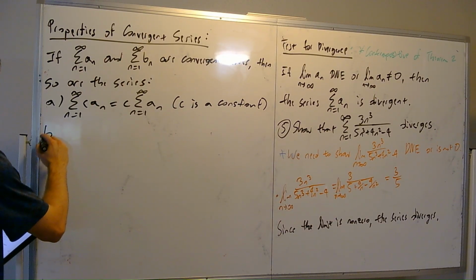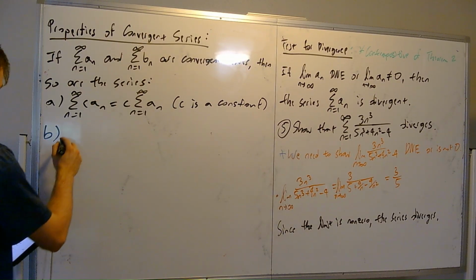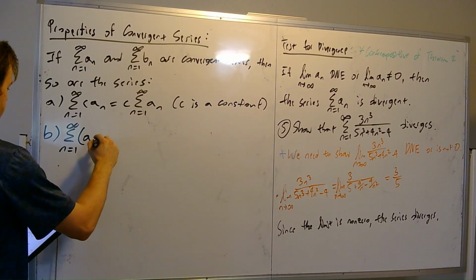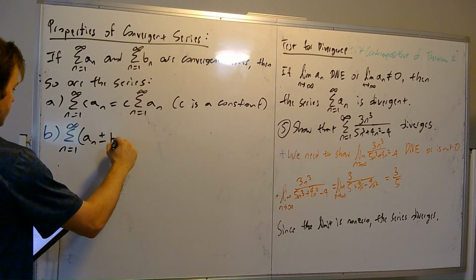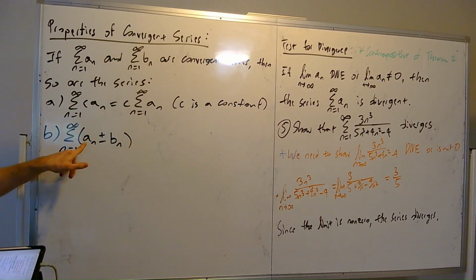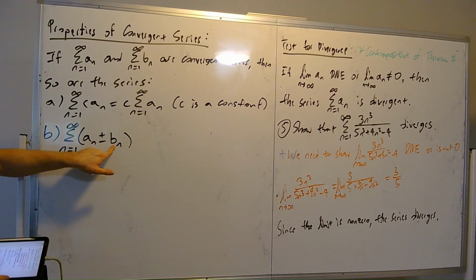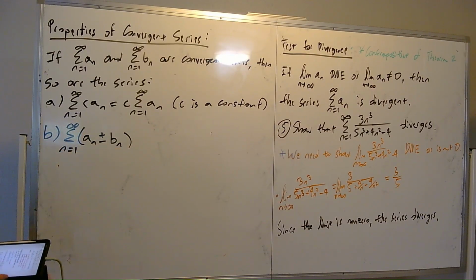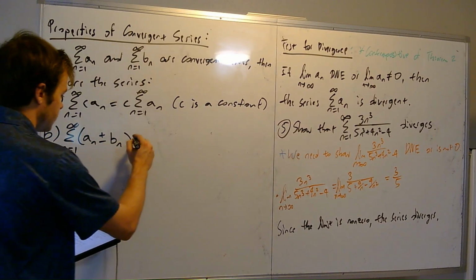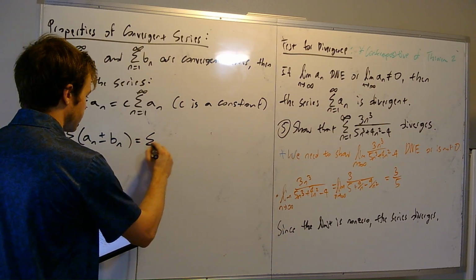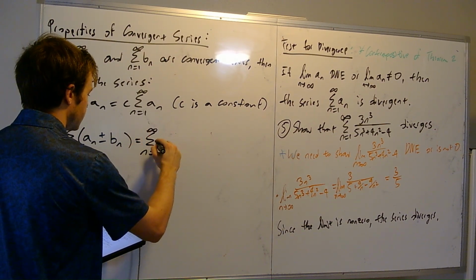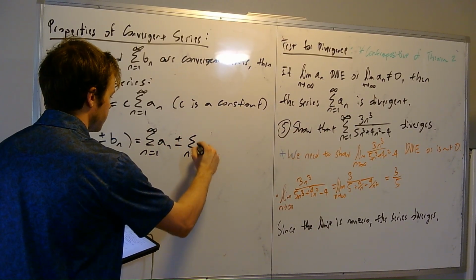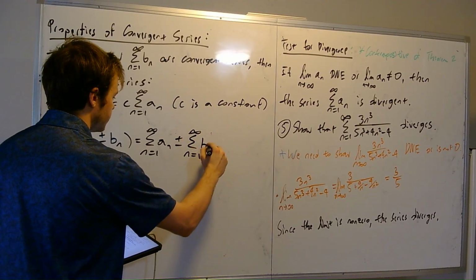Part B is going to say if we have the sum from n equals 1 to infinity of an plus or minus bn, so we take the nth entry in an and add or subtract the nth entry in bn for all of the terms, then what we get is the sum of an plus or minus the sum of bn.